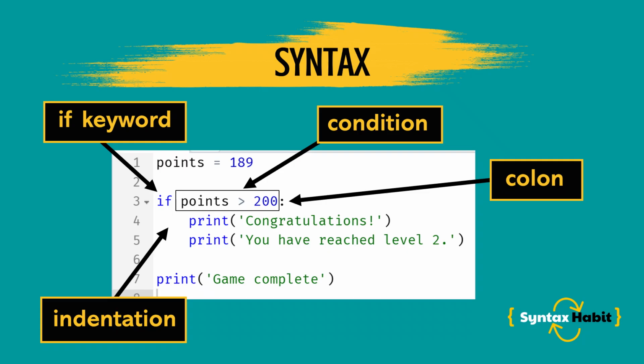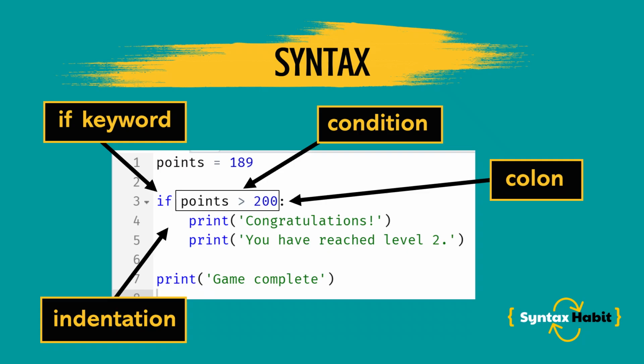Now let's look at the syntax of the if statement. Remember, syntax means the rules of the programming language. It tells us how we need to write our code so that Python can understand it. First, we write the if keyword. After if, we write our condition.